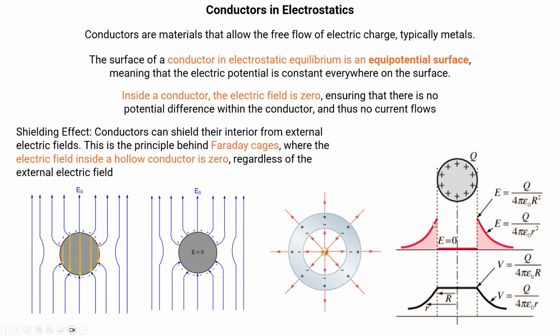Because what is potential? Essentially, potential is the energy that you spend to bring a charge from infinity, let's say, to the system. And the change of the potential is essentially the voltage, right? This is the reason, this is what causes the current in a system.